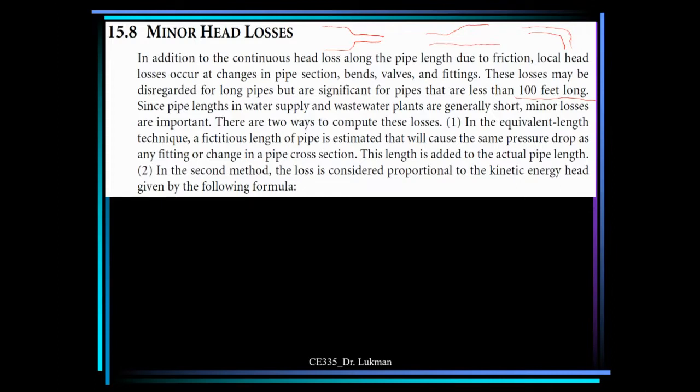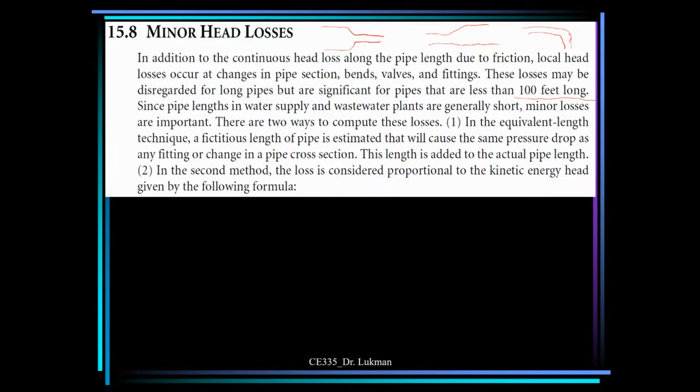One, in the equivalent length technique, a fictitious length of pipe is estimated that will cause the same pressure drop as any fitting or change in a pipe cross section. What are we saying here? Fictitious, meaning imaginary, length of pipe.